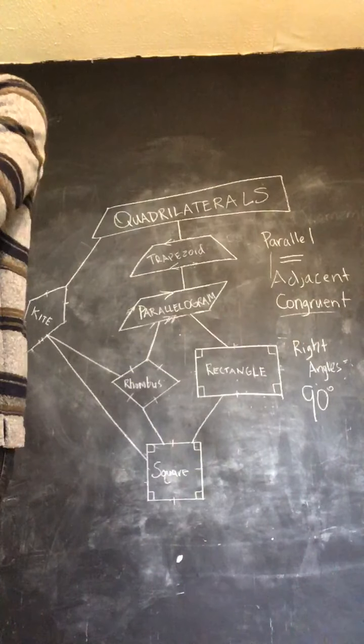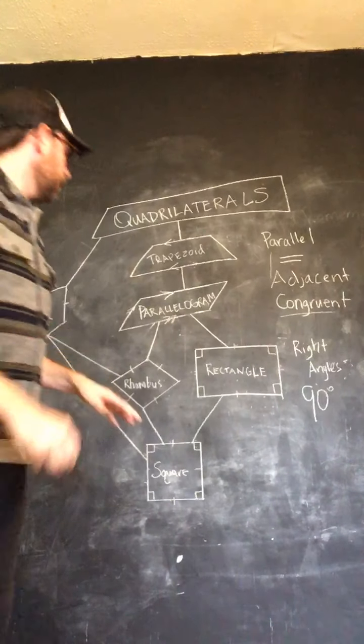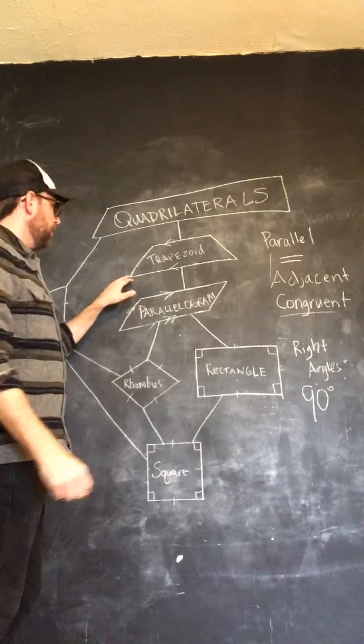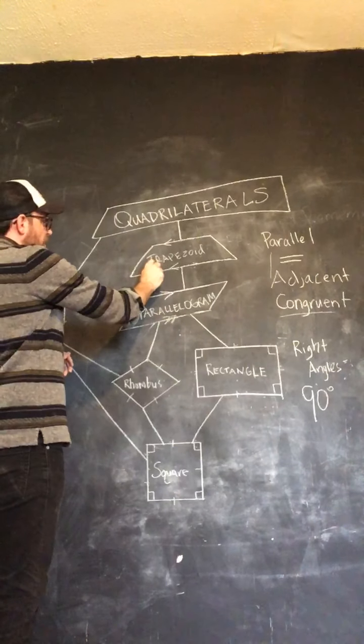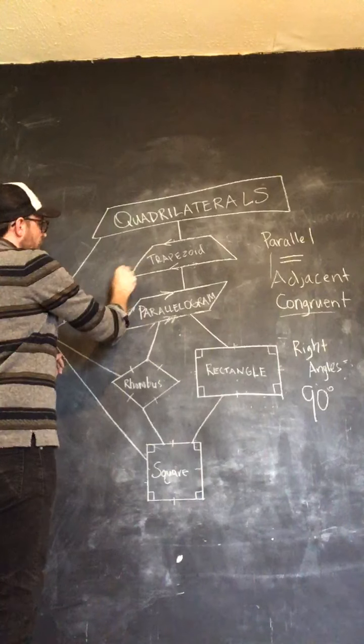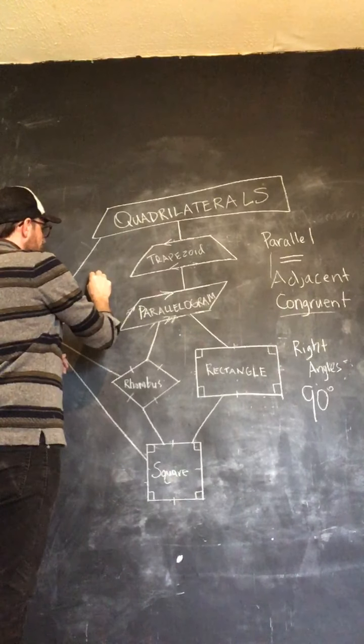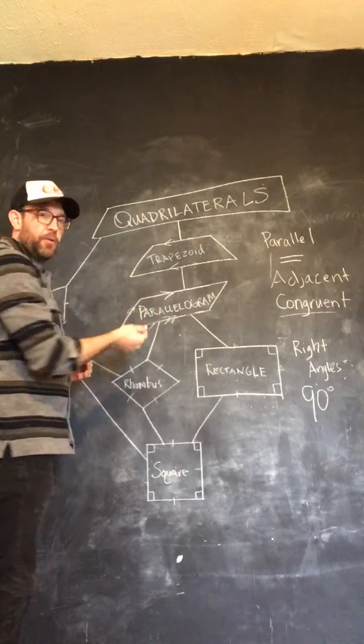One thing that I did notice, a couple people have turned them in. They looked great, however, there's one thing in the directions that you missed. When you make your own family trees for these, I want you to, over here off to the side, put a major characteristic of that shape.